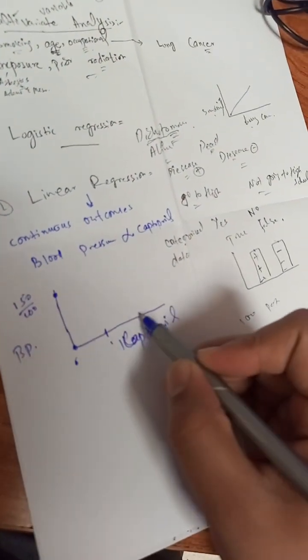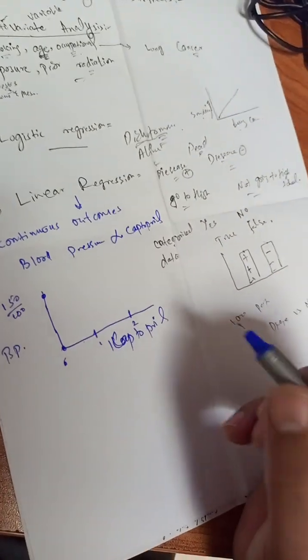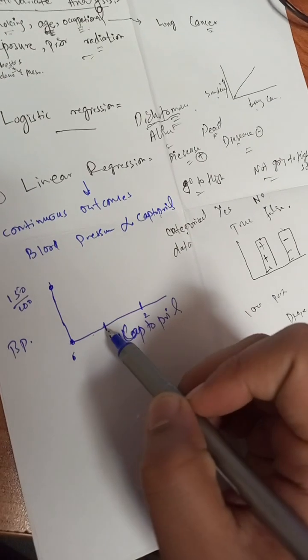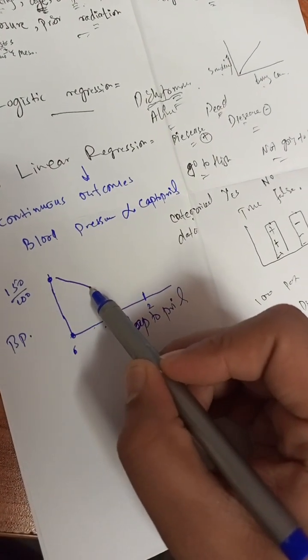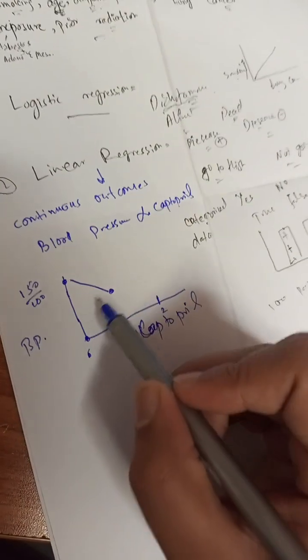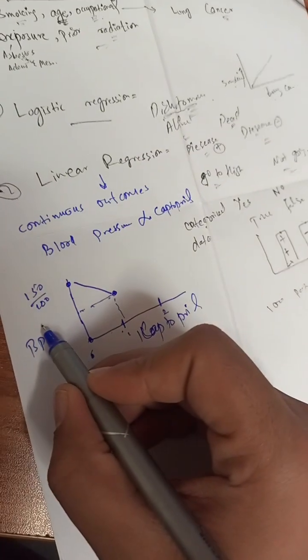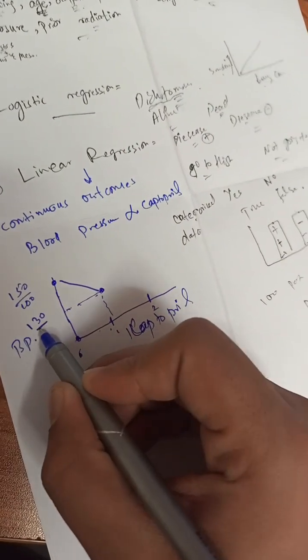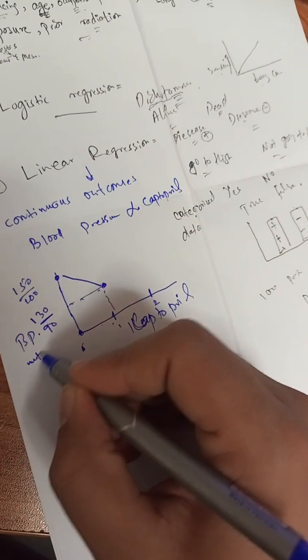This is the one tablet, this is the second tablet, right? So if this patient takes one tablet, then the blood pressure will fall to this point, where it will measure around 130 by 90 millimeters of mercury, right?